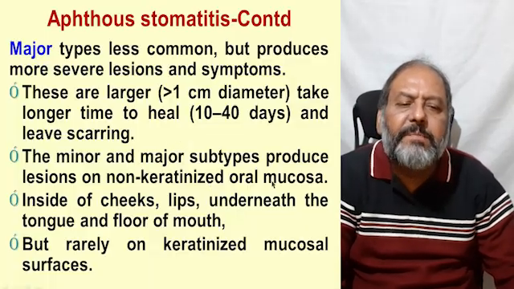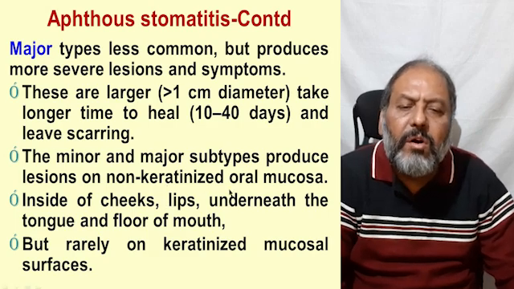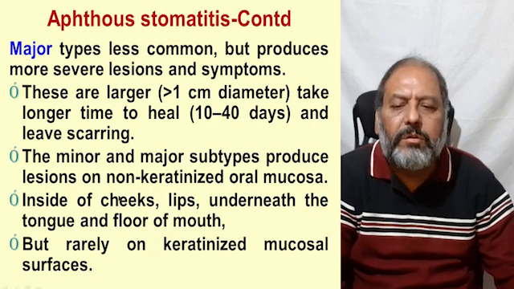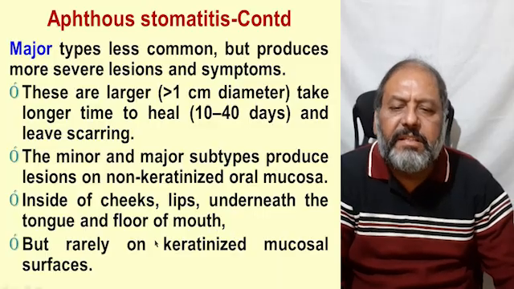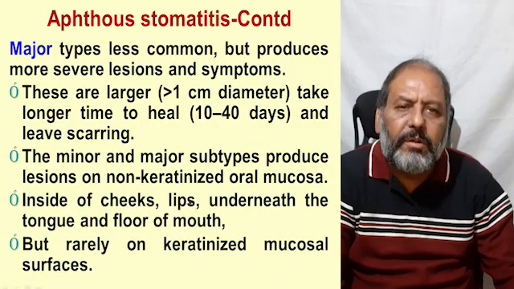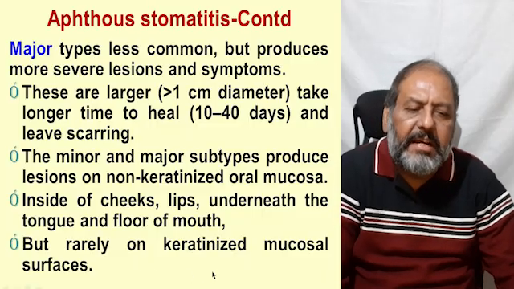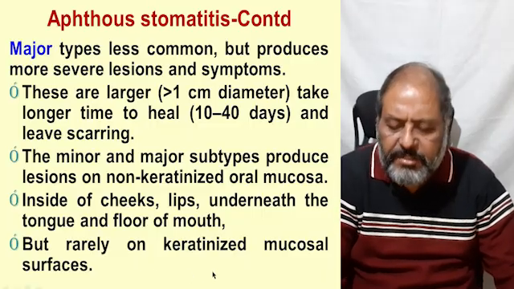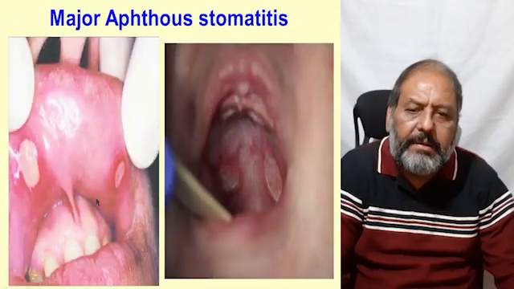The minor and major subtypes produce lesions on the non-keratinized oral mucosa inside of the cheeks, lips, underneath the tongue, and the floor of the mouth mostly, but rarely on the keratinized mucosal surfaces.